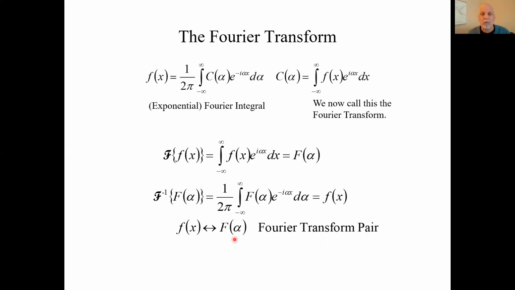So we now have a Fourier transform pair. Now here's where things can get confusing. Not every textbook defines these things the same way. Some of them use opposite sign conventions. They'll have a minus i up here and a plus i here.